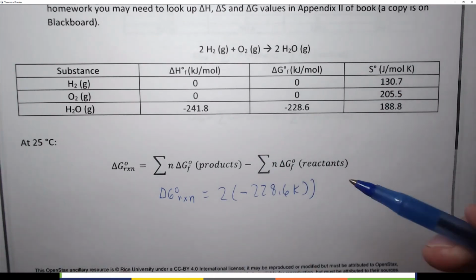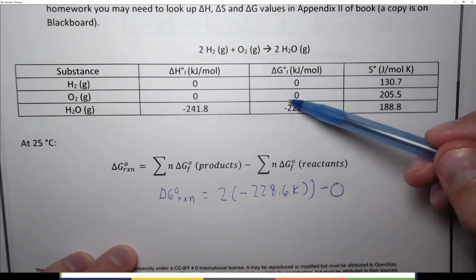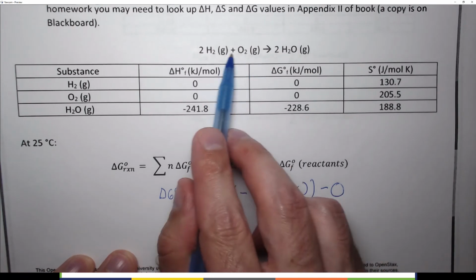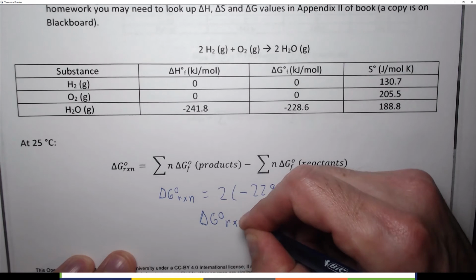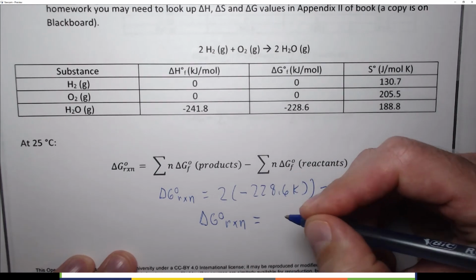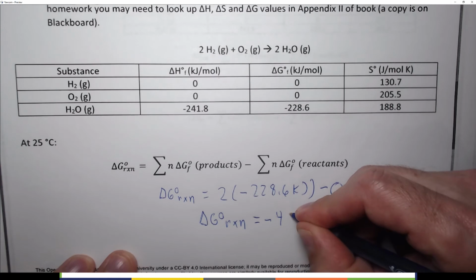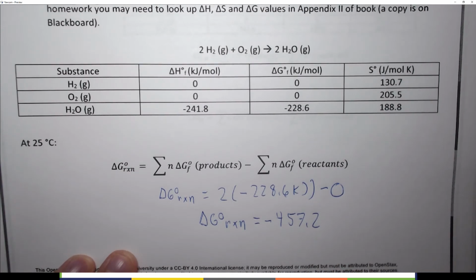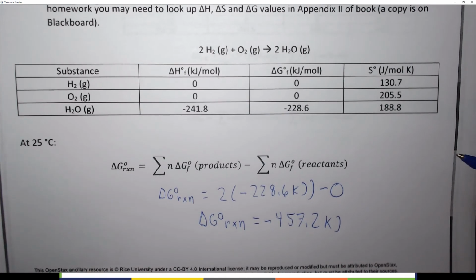So it's going to be this minus 0 because the free energy of formation of elements is 0 and they're all elements. So here, the delta G naught of the reaction is equal to negative 457.2 kilojoules.